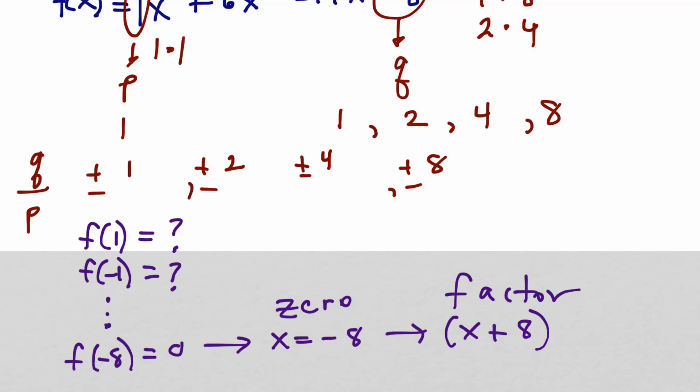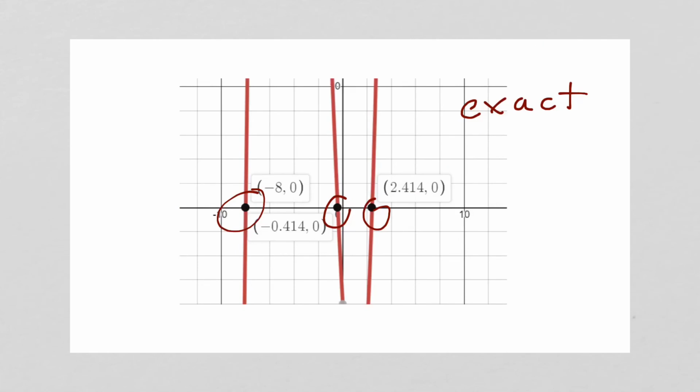Now there is another way to do this, and this is a way that I don't like, and this is by typing the function, the original polynomial, into Desmos and seeing if there is a place where you can read the 0 as an exact number on the x-axis.